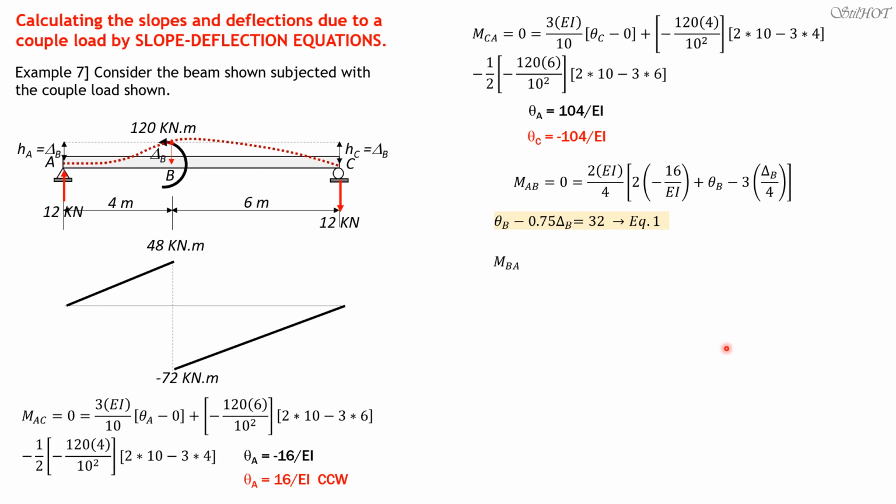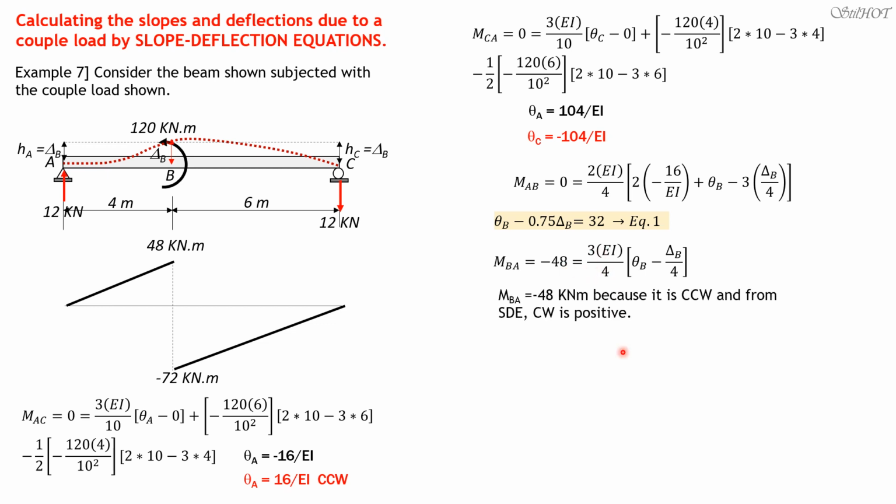By the way, that's the explanation for negative 48: because it is counterclockwise, and from the slope deflection equation clockwise must be positive. So that's why it's negative. So the equation is theta B minus 0.25 delta B equals negative 48 times 4 over 3. And that's theta B minus delta B over 4 equals negative 64, equation 2.